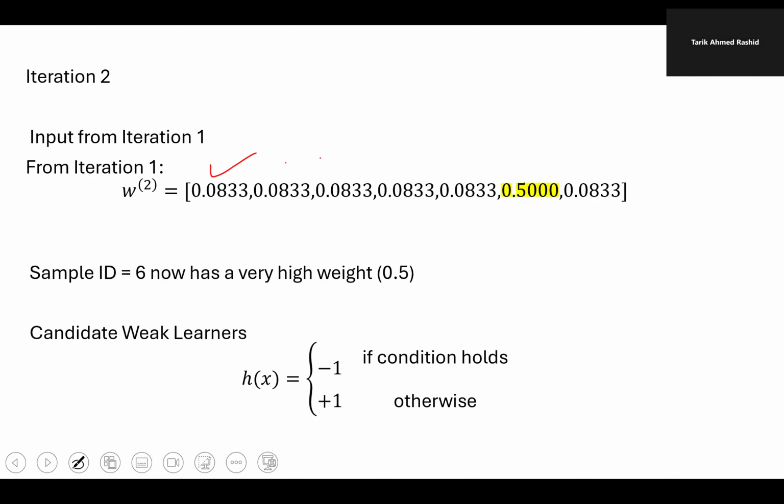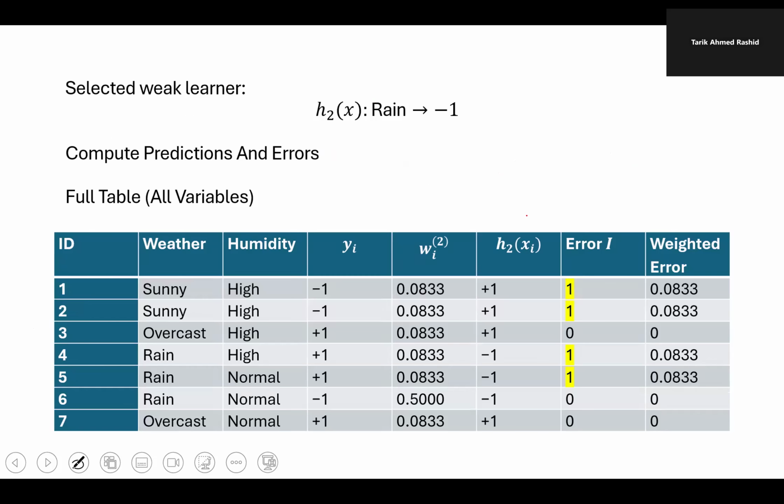That's sample 1, sample 2, 3, 4, 5, 6, 7, and that is the error that we had. So this is a very high weight, so it is very expensive, kind of. In this iteration, we again select a candidate weak learner, and in this case we take rain.